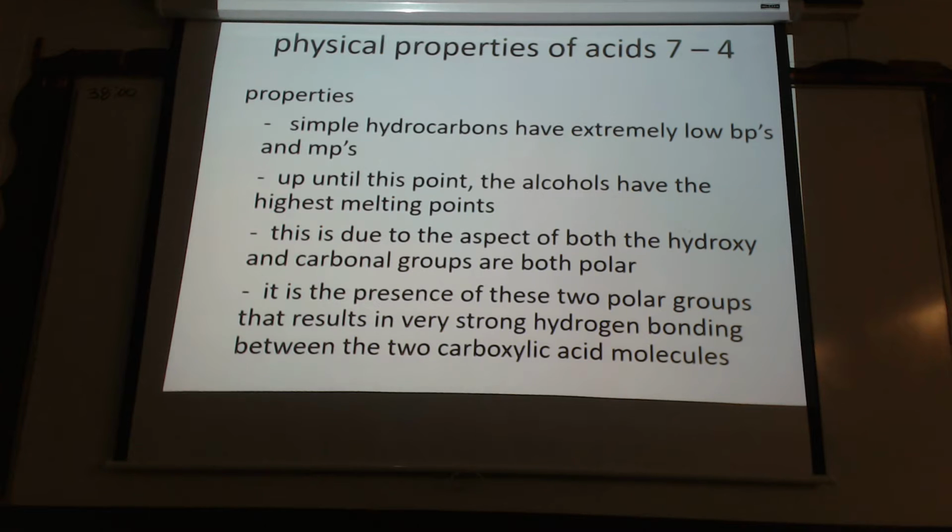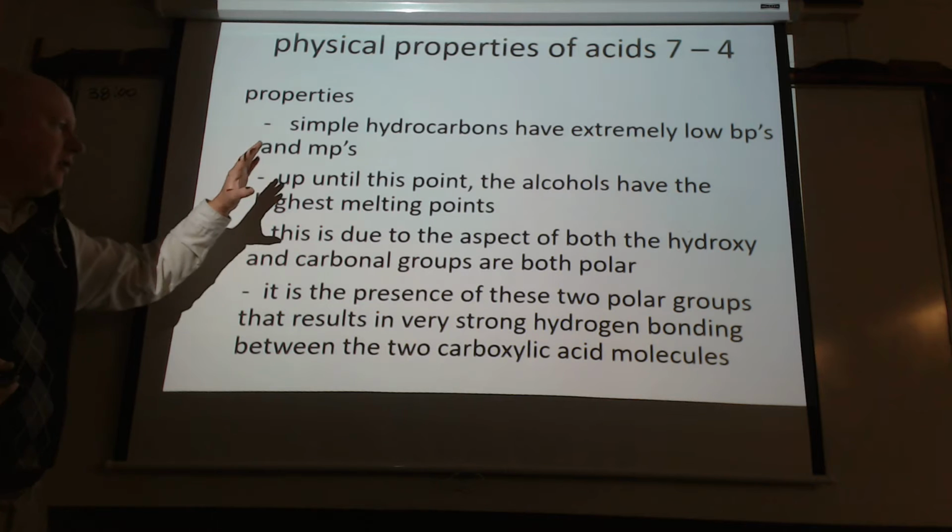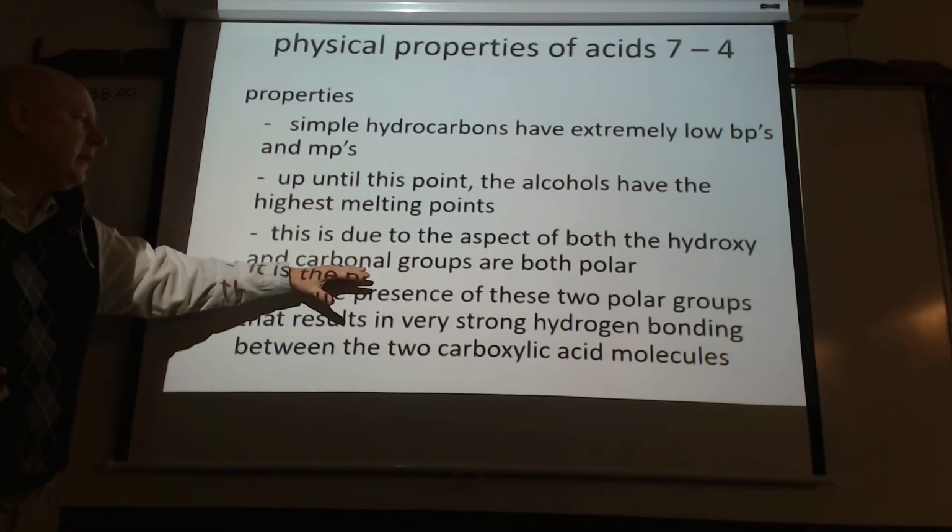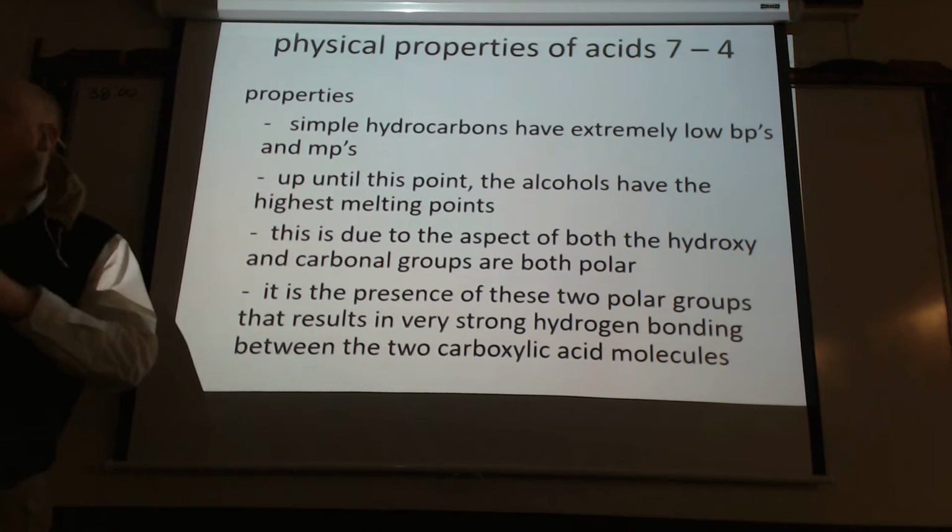So that leads into a whole variety of reactions that can happen just because of that concept. We consider most organic compounds as being nonpolar, but because of this, the carbonyl group and the OH group are both polar.